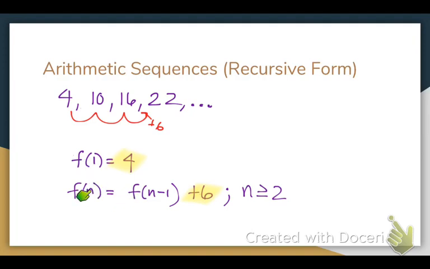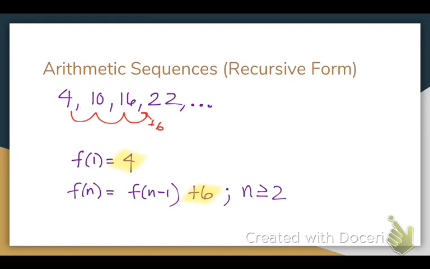Because if you try to plug in 1 to this equation, what happens when you do 1 minus 1 over here? 0, so f of 0. But we don't know what f of 0 is. They're starting us at f of 1. So essentially this notation is just to let you know, hey, we don't know what f of 0 is, we only know what f of 1 is. So you have to start at numbers greater than or equal to 2 so that you can go up from there. So 2 minus 1 would be f of 1, and that's the first number we know in our sequence. So that is strictly notational, to help you understand the mathematics of the notation.